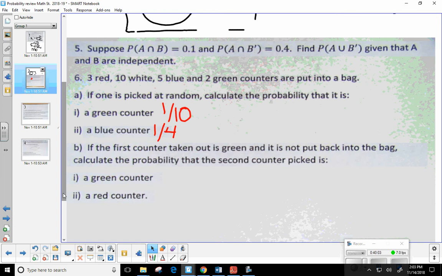And Jocelyn's up next. Now, if the first counter taken is green but is not put back in the bag, calculate the probability that the second counter picked is a green counter. Now remember what's already taken place.